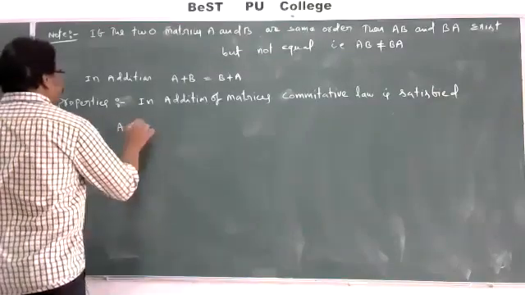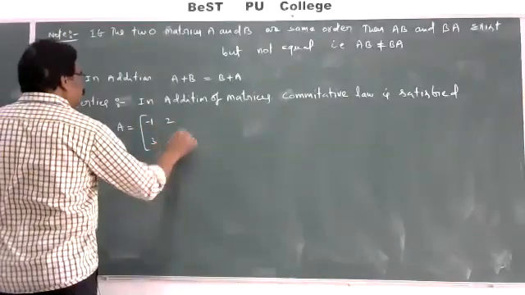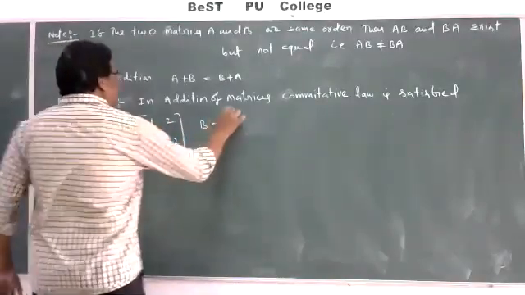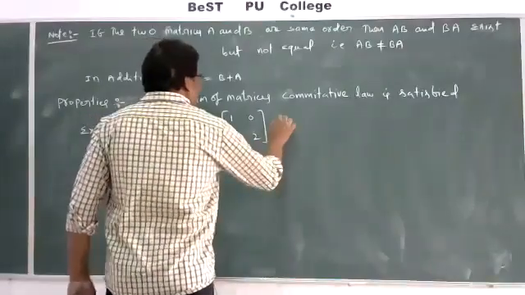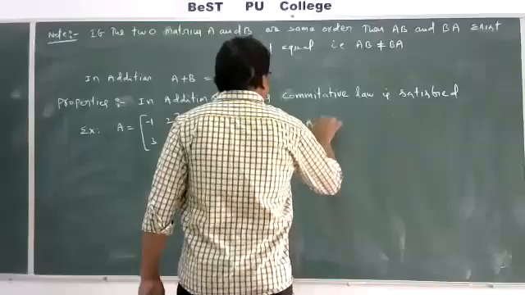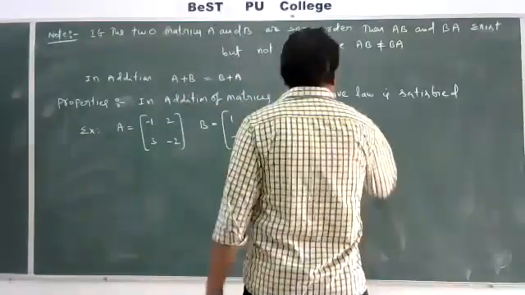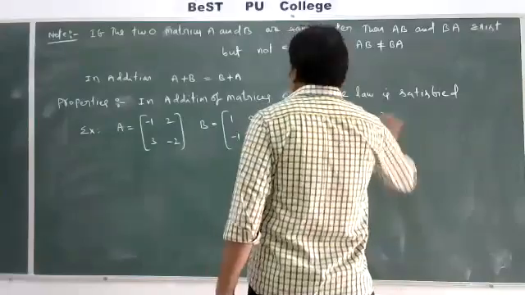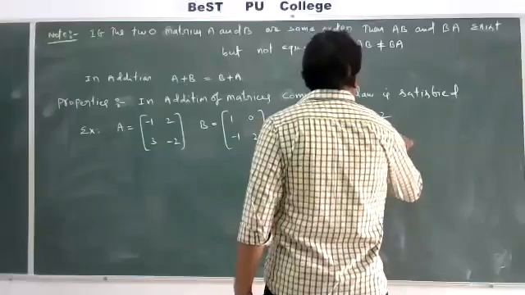Example: A is equal to the matrix -1, 2, 3, -2, and B is equal to the matrix 1, 0, -1, 2. Then A plus B is equal to the matrix: -1 plus 1, 0, 2 plus 0, 2, 3 minus 1, 2, -2 plus 2, 0.